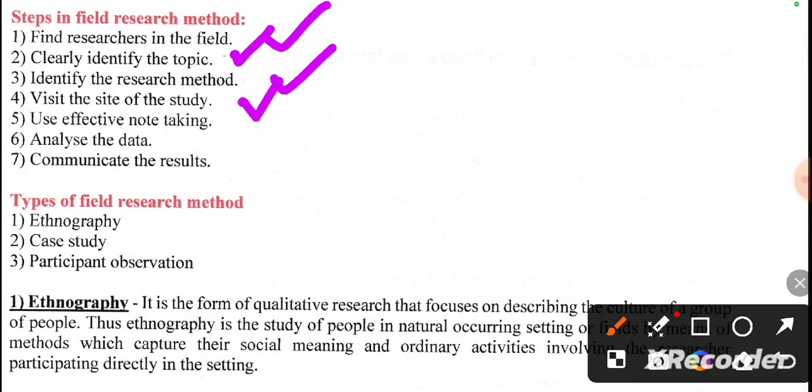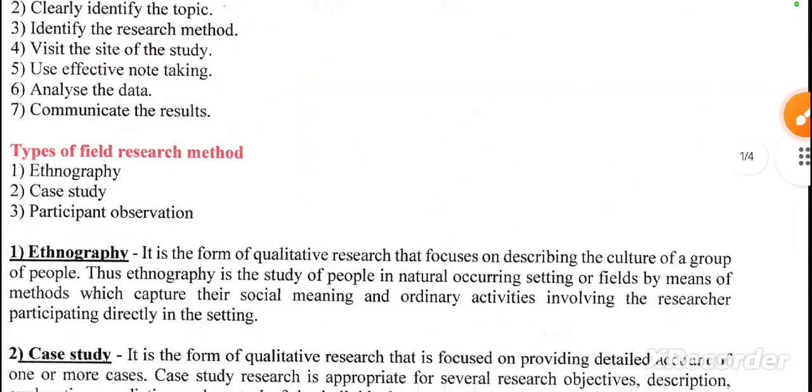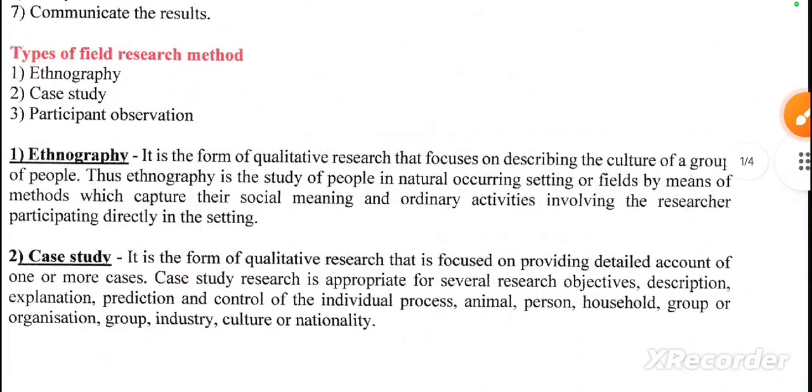Visit the site of the study, that is also important. Use effective note taking, so this is also important. Analyze the data, so data should be collected and analysis of the data is important. And we need to finally communicate whatever be the outcome of this field research to the concerned entity for which you are doing a field work.